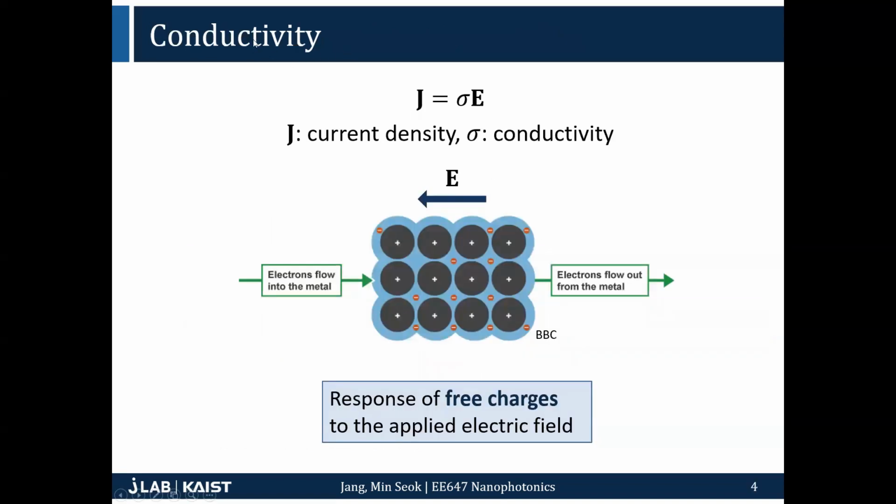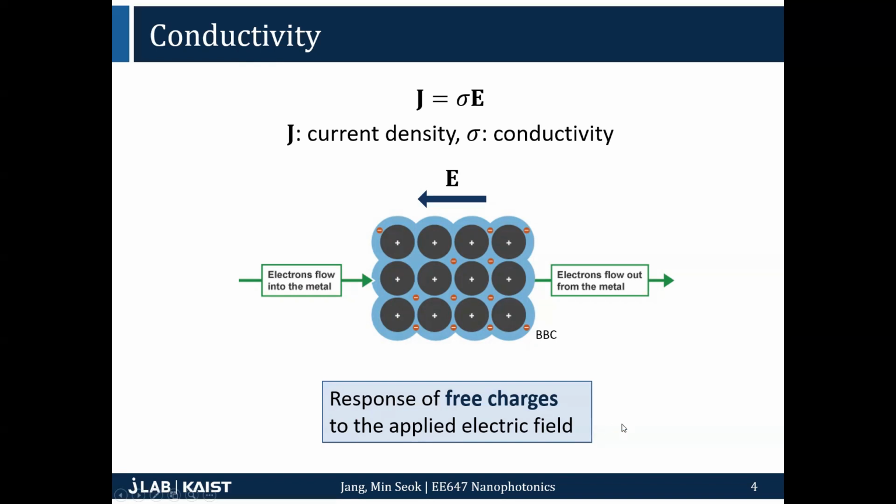Conductivity is typically defined for conducting materials, not insulators. If you apply an electric field, electrons are moving and making a constant flow of current, and the conductivity tells you how much current you have for a given electric field. So this, in a sense, is a response of free charges to the applied electric field.